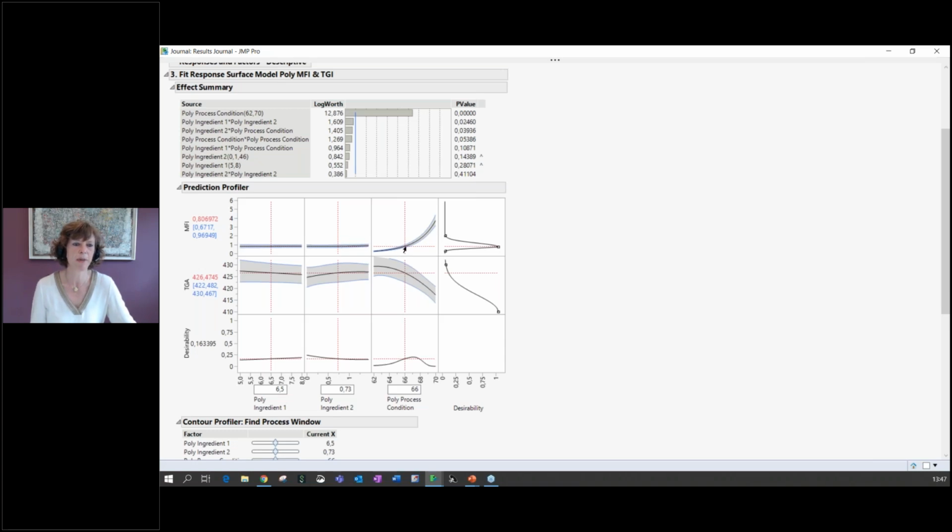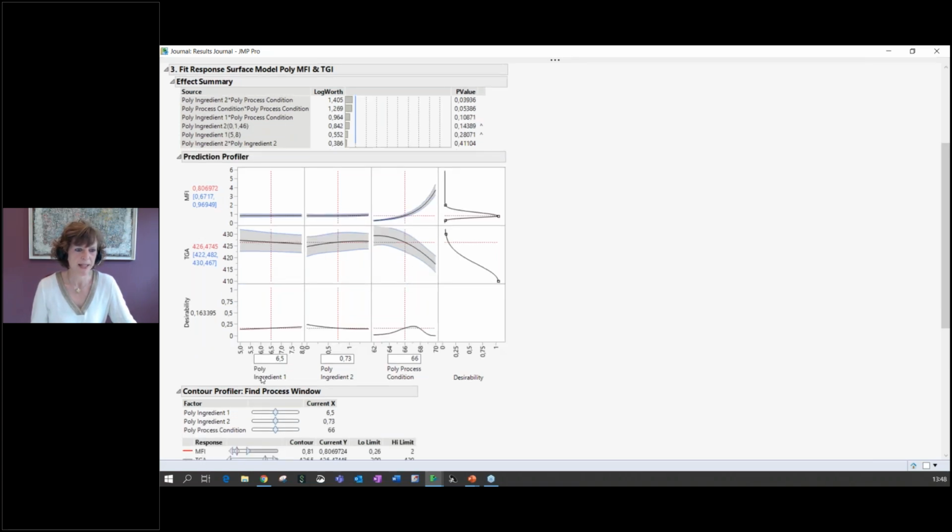And JMP will come up with a proposal of a process setting for which the MFI is optimum. So I maximize the desirability here. And at the same time, it also takes the TGA optimum into account and finds a process setting that is best for both MFI and TGA, although they are a bit contradicting with regards to the temperature, to that process condition.